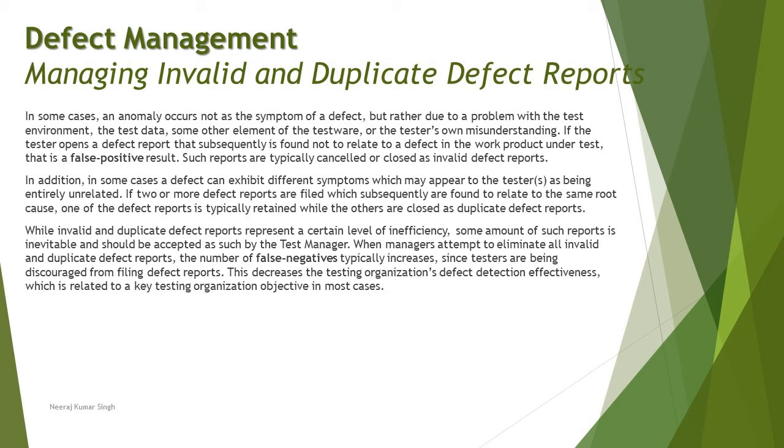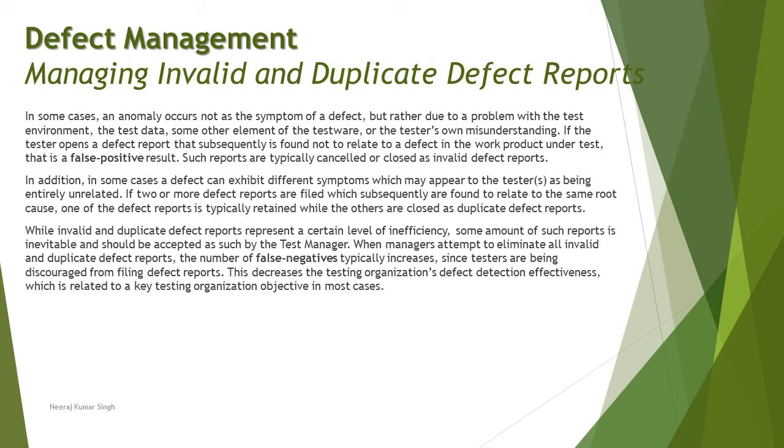Are you just trying to raise defects, or is this really going to add some value? So keeping a count on that is very important, because some amount of such reports is inevitable and should be accepted by the test manager in order to improve the test process, increase the efficiency of the testing team, and also improve the understanding of the requirement or the application while testing it.